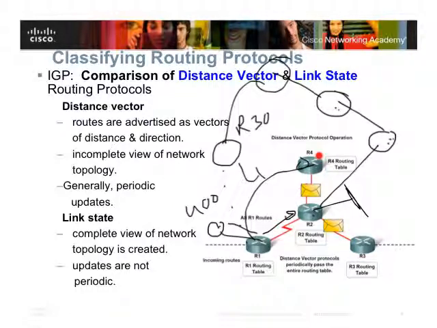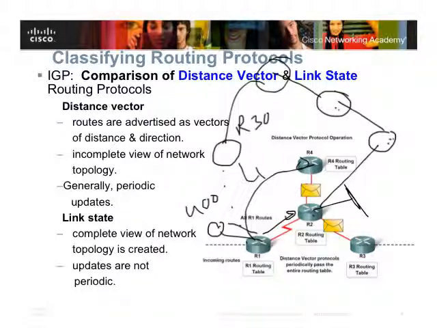So R4 now knows that there is a link between R2 and R4, and there is another link between R1 and R2. And these are communicated through different messages. There's no accumulation in that case. Each link state, that's why it's called link state, is communicated through a separate message.